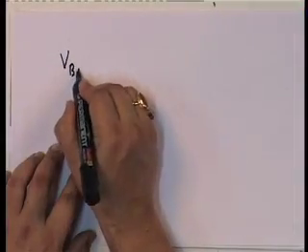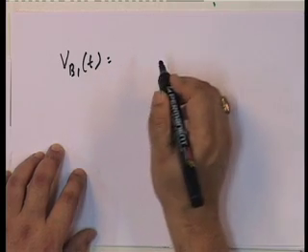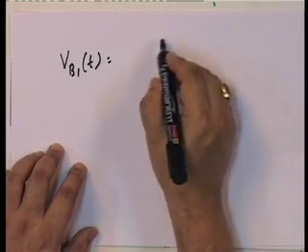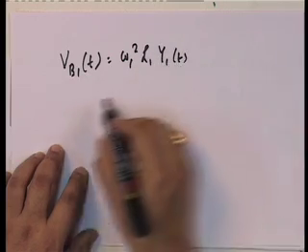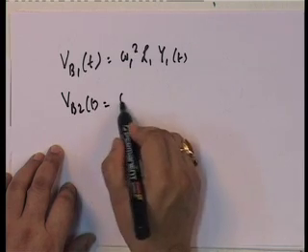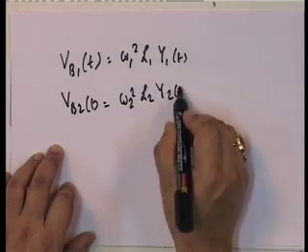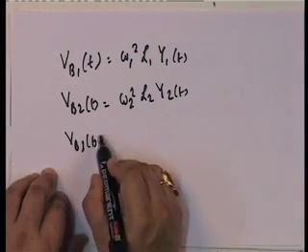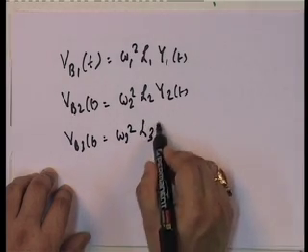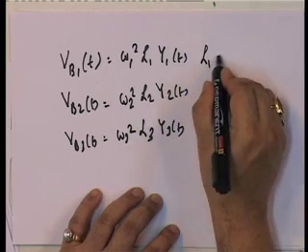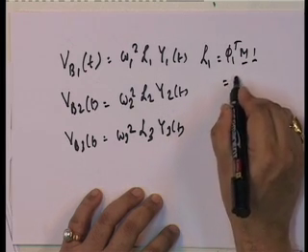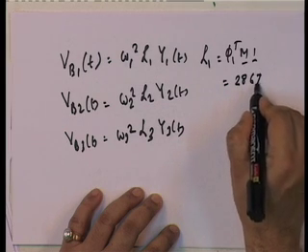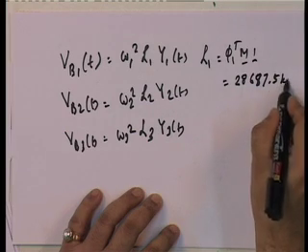V_b1(t) is equal to omega_1 squared L_1 into y_1(t). V_b2 is equal to omega_2 squared L_2 y_2(t), and V_b3 is equal to omega_3 squared L_3 y_3(t). Now, L_1 is phi_1 transpose m into 1, and doing that we see that this is equal to 28,687.5 kgs.